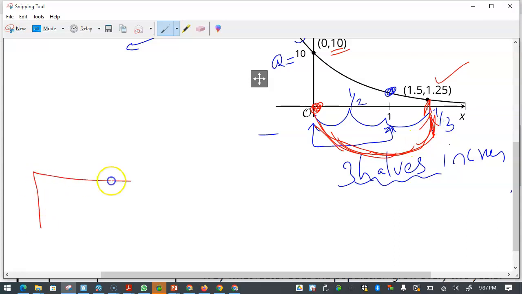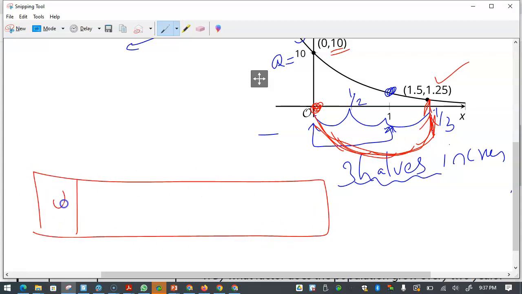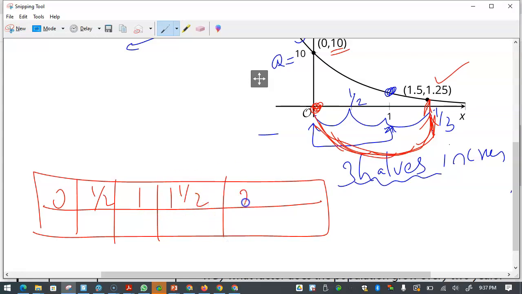So if I have this, let's say 0, this is like 1 half, and then there is 2, and so on. So what did they give us is 10 is the original one. So this is x, and that is f of x.